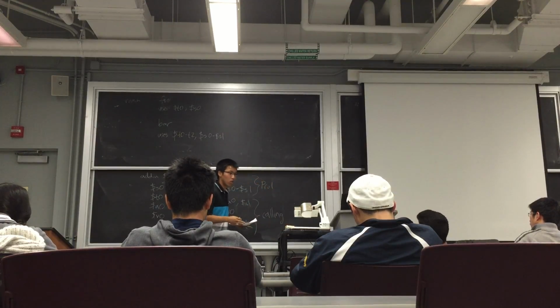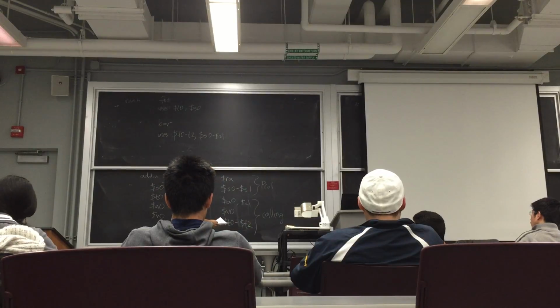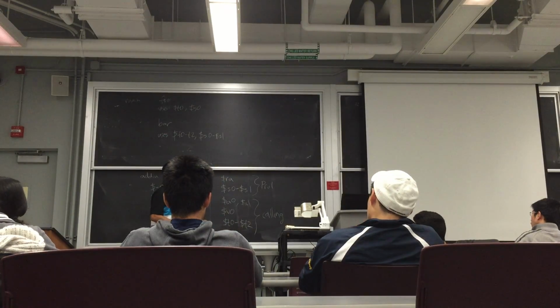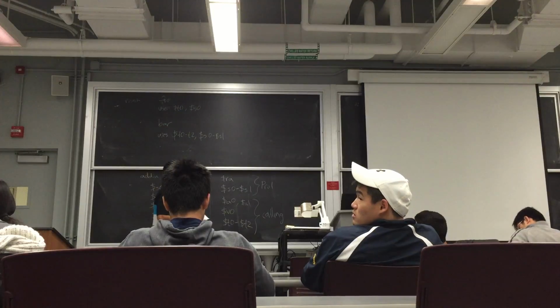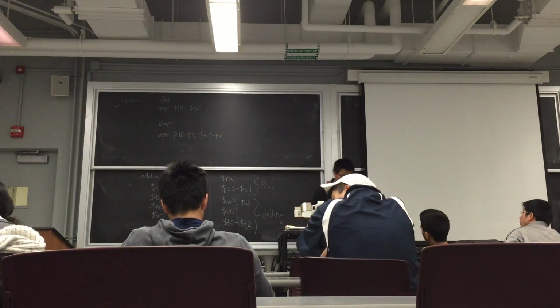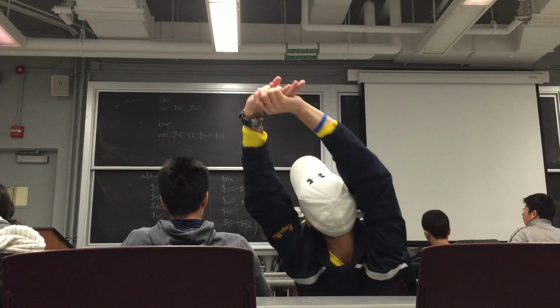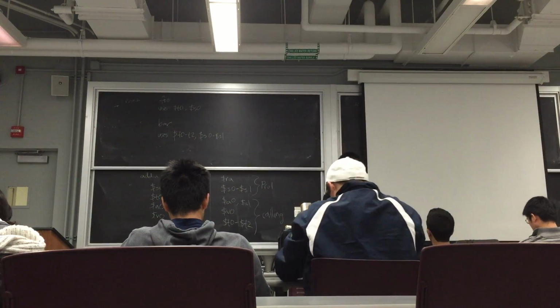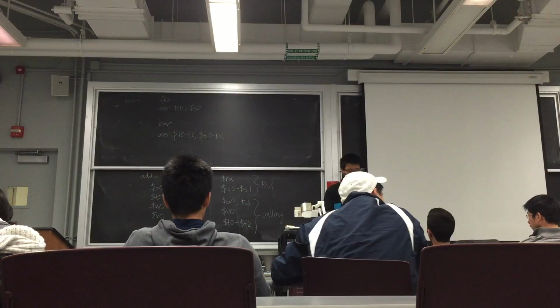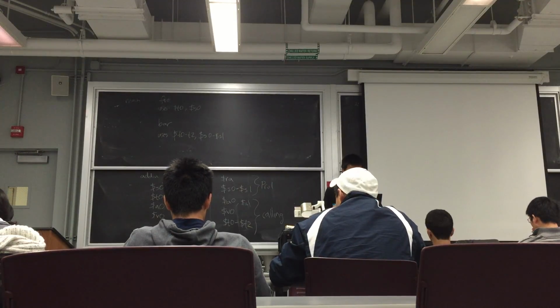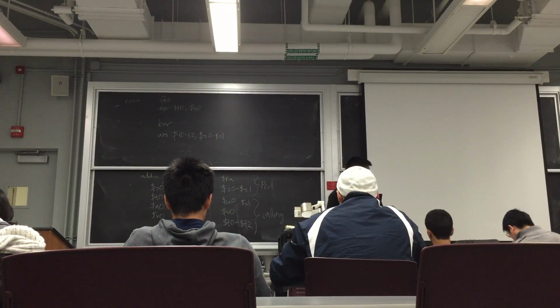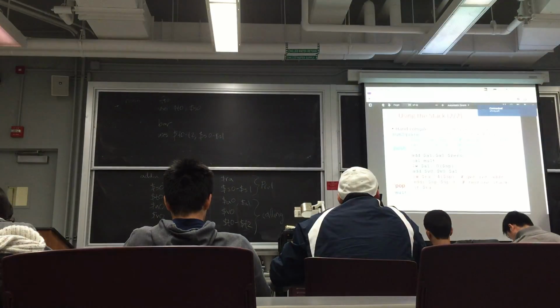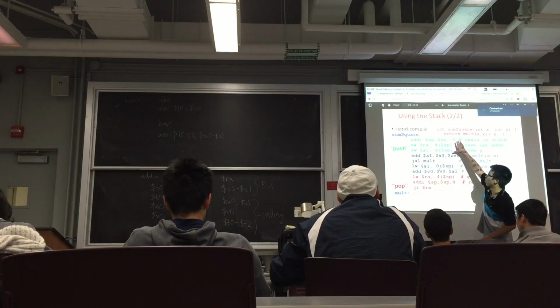What do you mean by prologue? That's stuff that you do at the very beginning of a function. It's when you decrement the stack pointer and then you put stuff in the stack. So it's basically this part.